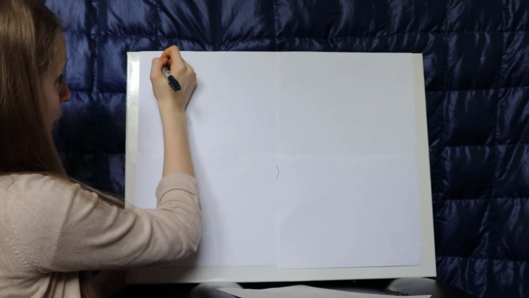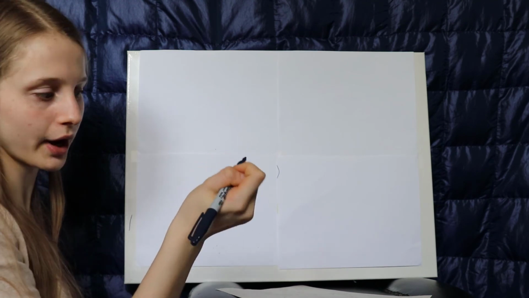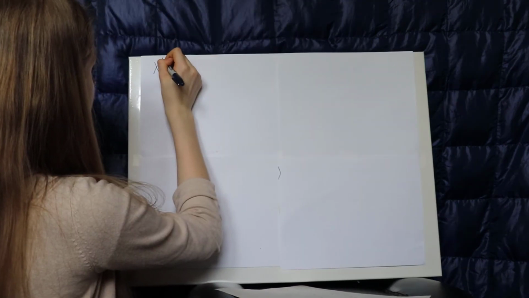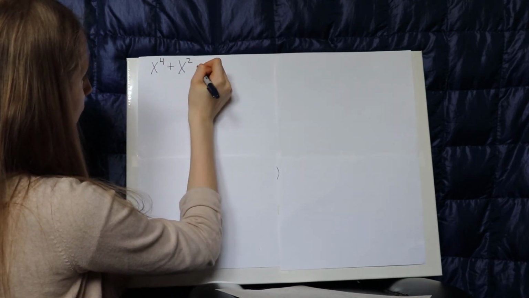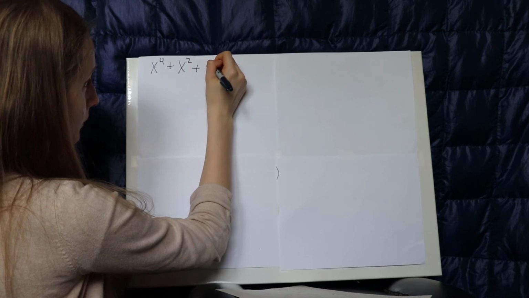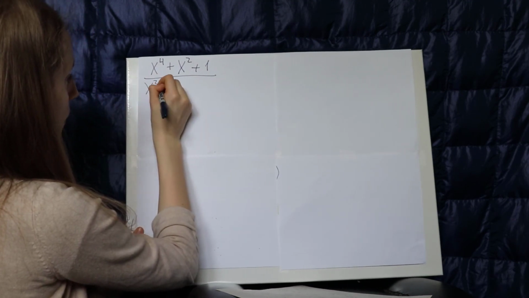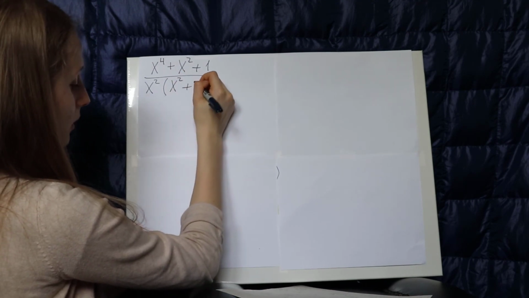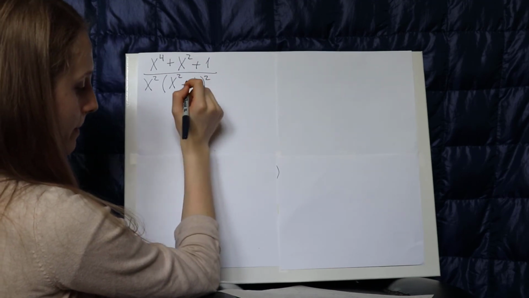So both the numerator and the denominator will have polynomials, or x to the big power. So x to the 4th power plus x squared plus 1 over x squared times x squared plus 4 squared, all squared.